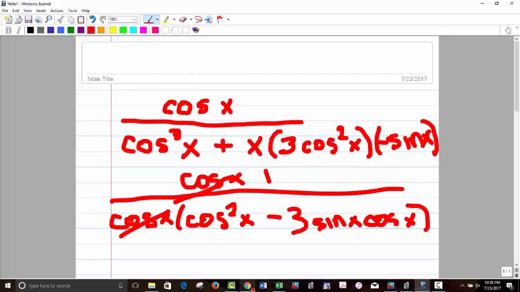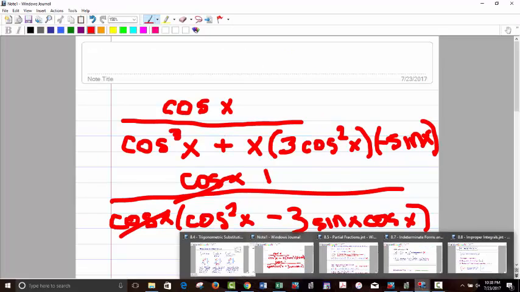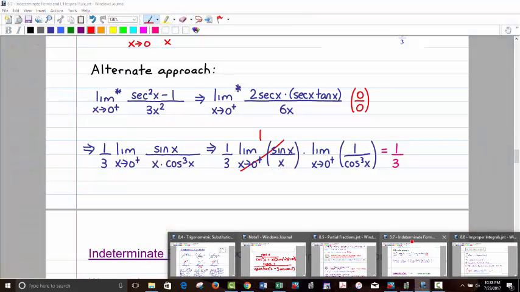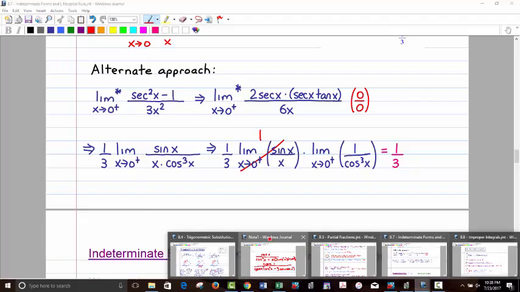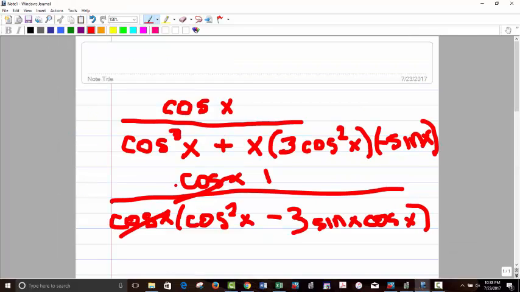And let me just double check that we are going to 0 here as x approaches 0. Oh, I forgot the 1/3. There was the 1/3 factored out of here. Yeah, there was this 1/3 here.